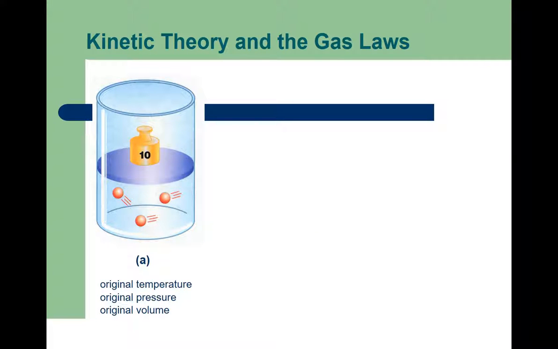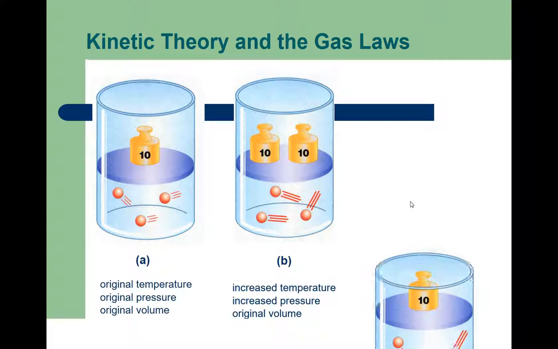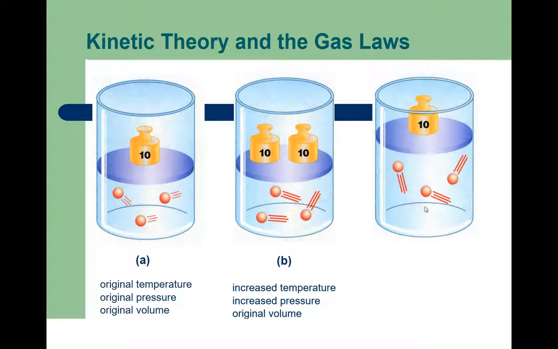So as we look at the kinetic theory and gases and the gas laws, if we have a closed container and it has a certain amount of pressure and temperature and volume, if I increase the pressure pushing down on it, my temperature increased and my pressure's increased, where my volume hasn't done anything. If I take and increase the volume, then I've increased the pressure to make that increase in volume at the same pressure.